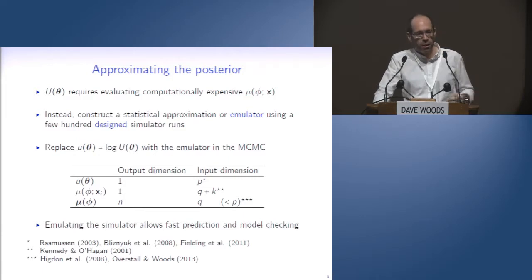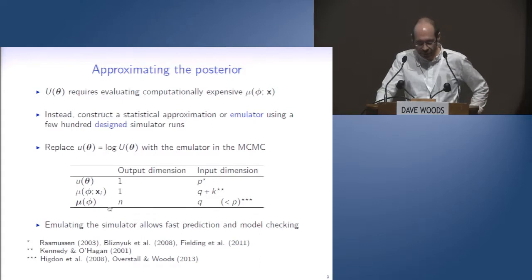The sort of canonical approach to emulation, which comes out of the seminal paper of Kennedy and O'Hagan, is to emulate the simulator as a function of both our unknown parameters, psi, and our physical covariates, x. So again, we have output dimension 1, but now we have input dimension q, the number of parameters in psi, and k, the number of covariates.